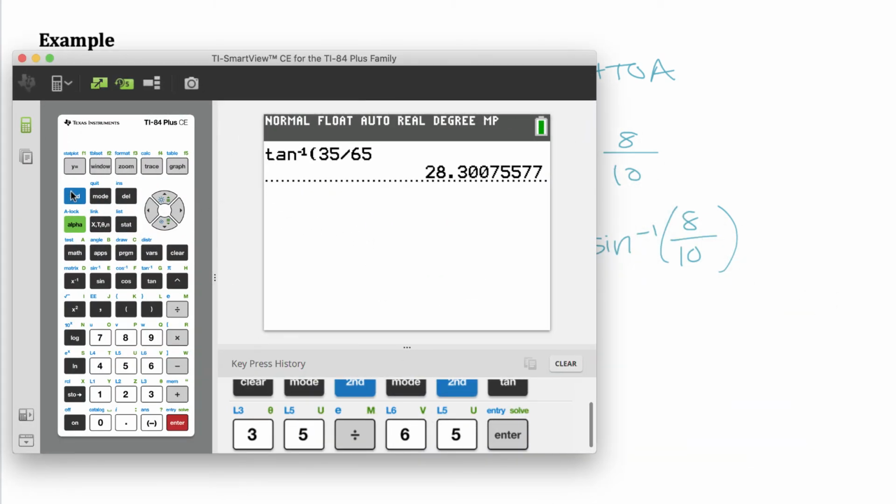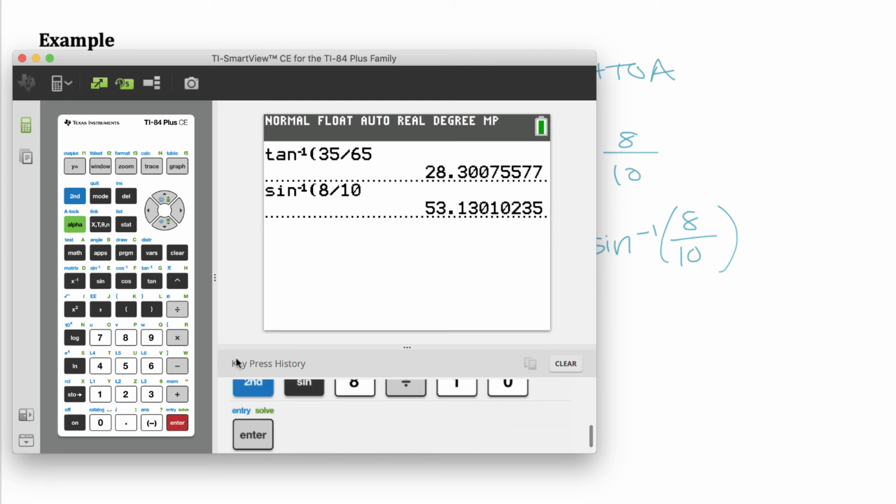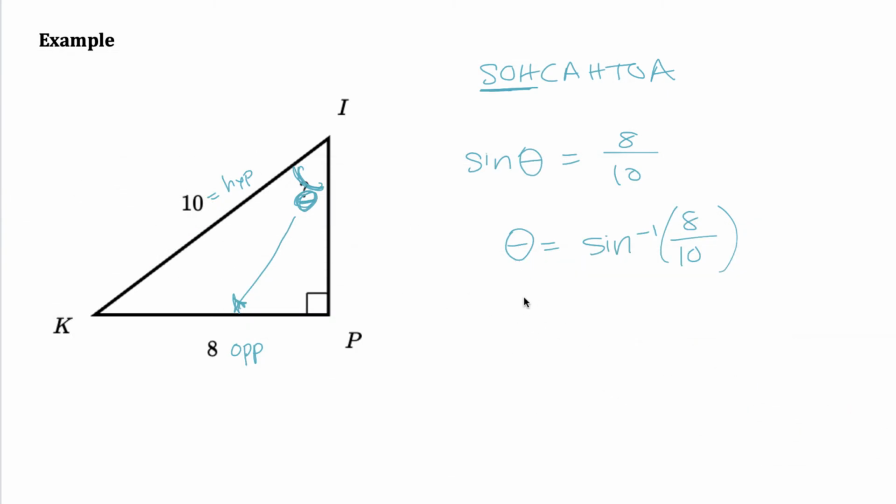So I go grab my calculator again, and I do second sine, so inverse sine of 8 over 10. And that tells me that the angle measure is about 53.13 degrees. So this angle is approximately 53.13 degrees.